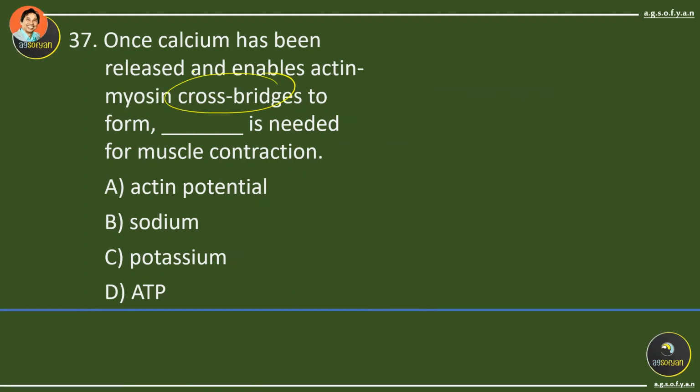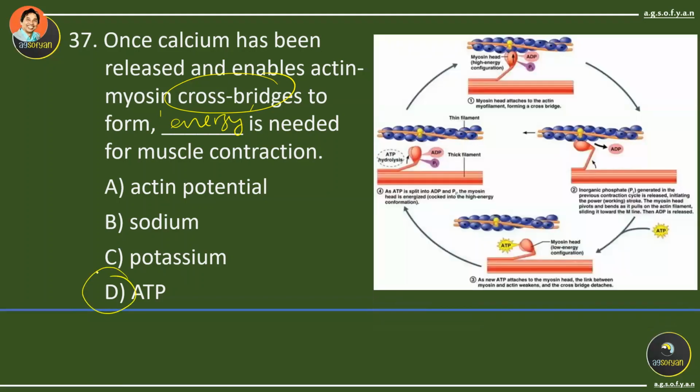The next thing that we need is energy. Energy for contraction, which is provided by ATP. So ATP has to be available in order for contraction to start. Okay, so ATP will be there.